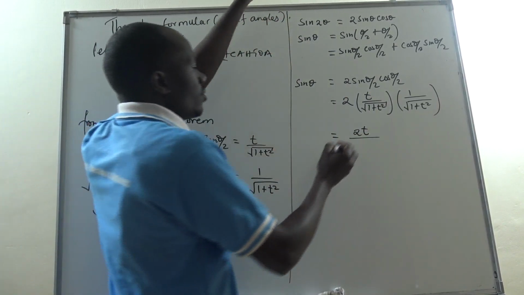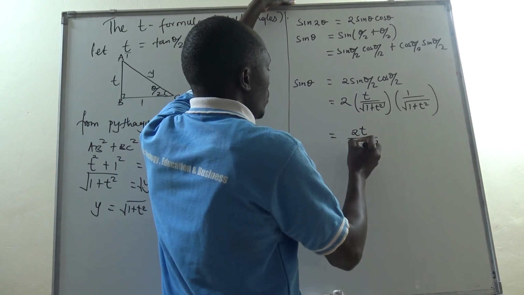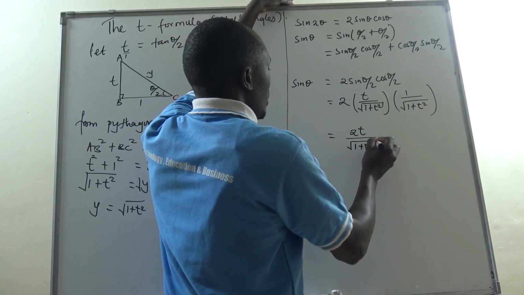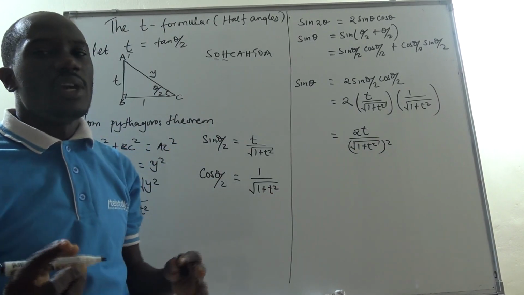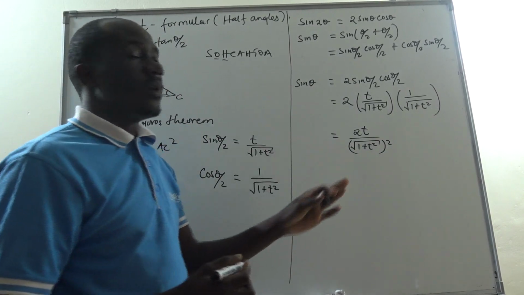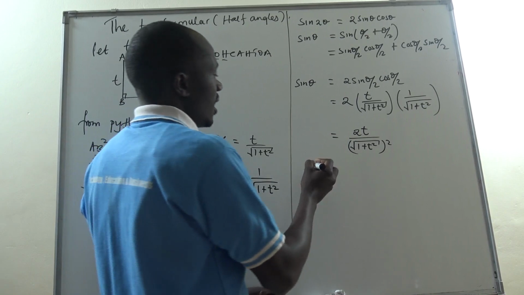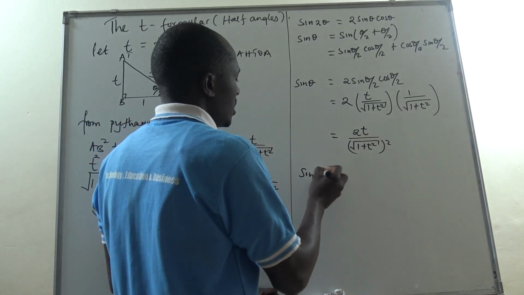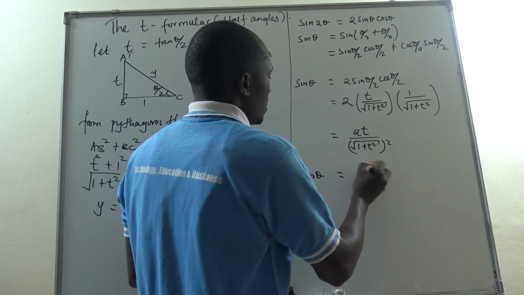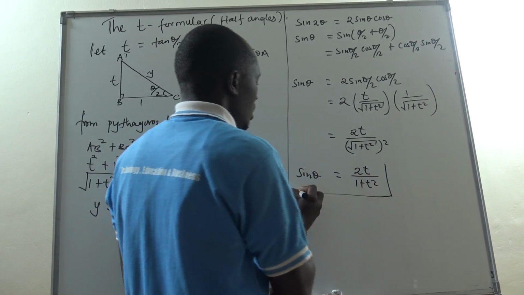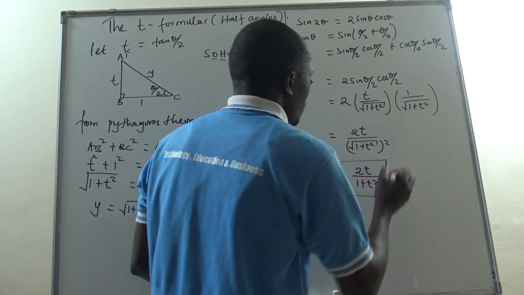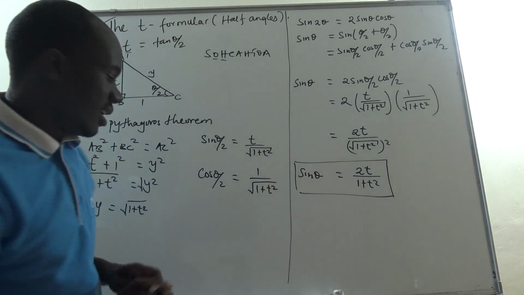It is appearing 2 times. So this is the same as root of 1 plus t squared, the whole of it squared. And you know the relationship between a square and a square root, automatically the square root disappears. So we remain with sin theta equals 2t all over 1 plus t squared. This is the expression of the t formula in terms of sine.